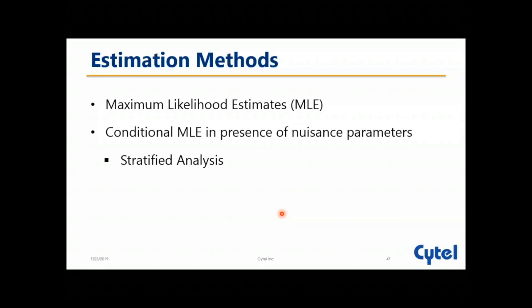The first method is stratified analysis. So suppose we have data from different sites where a clinical trial is conducted, and we are interested in finding the relationship between treatment and the response, but we cannot ignore the site. So in that case, we can do the stratification. We can use site as a strata, and the site-specific constants are suppressed.